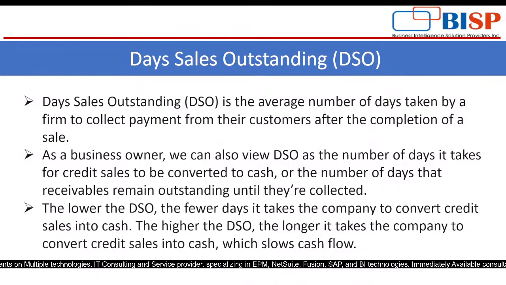So the lower the DSO, the fewer days it takes the company to convert credit sales into cash, and the higher the DSO, the longer it takes the company to convert credit sales into cash, which shows that there is low liquidity.